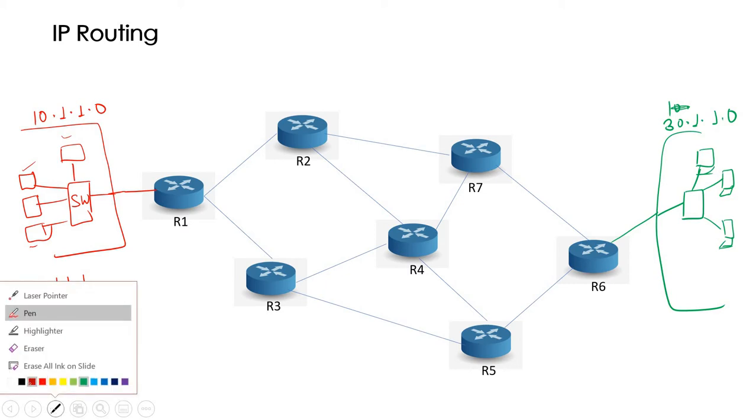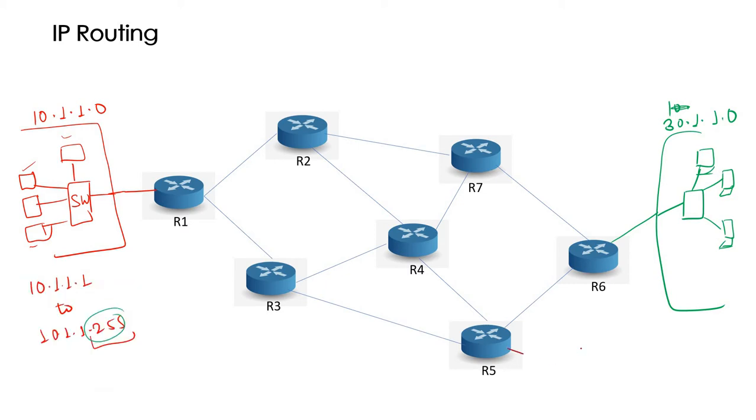Let's take one more network in this area. Let's say suppose this is one more network, and here we are having the network 50.1.1.0. So obviously it can have one computer, which may have an IP address like 50.1.1.5, because the first network part will be the same.